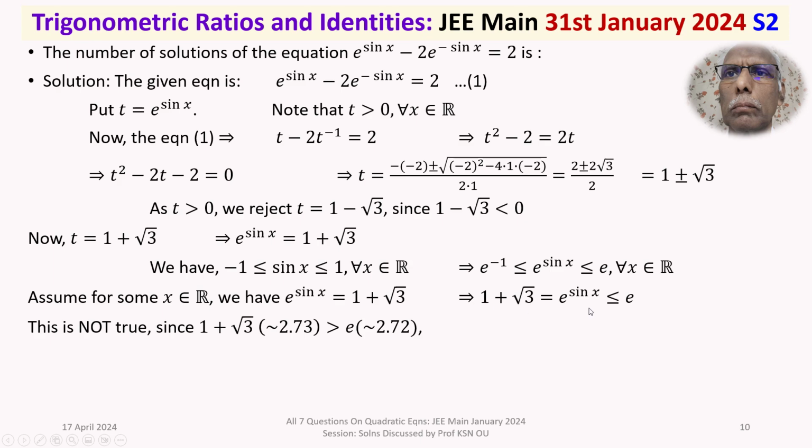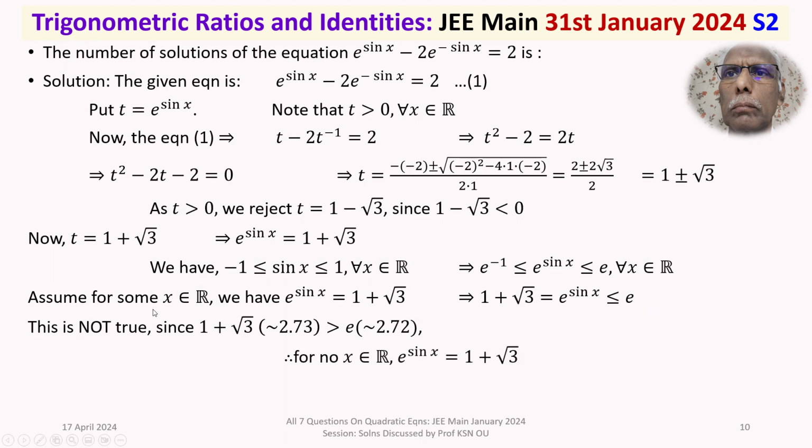And 1 plus root 3 is less than or equal to e is not true, because 1 plus root 3 is approximately 2.73, which is greater than the exponential e, approximately 2.72. That 2.73 is greater than 2.72 is the fact, but here you got 1 plus root 3 less than or equal to e. Therefore, this is not true.